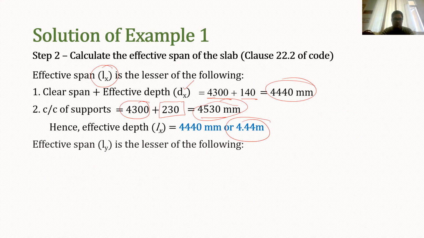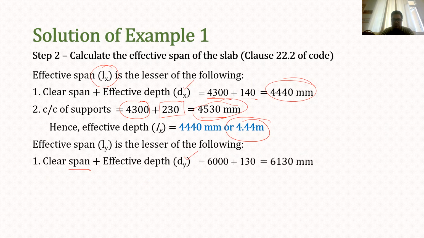Similarly, on the same line, we will calculate the effective span for the longer span also. But here we will have two aspects, and in the first aspect, it will be clear span plus effective depth. And effective depth this time we will be taking for the longer span, which is dy. So putting the value, we get the span as 6130.